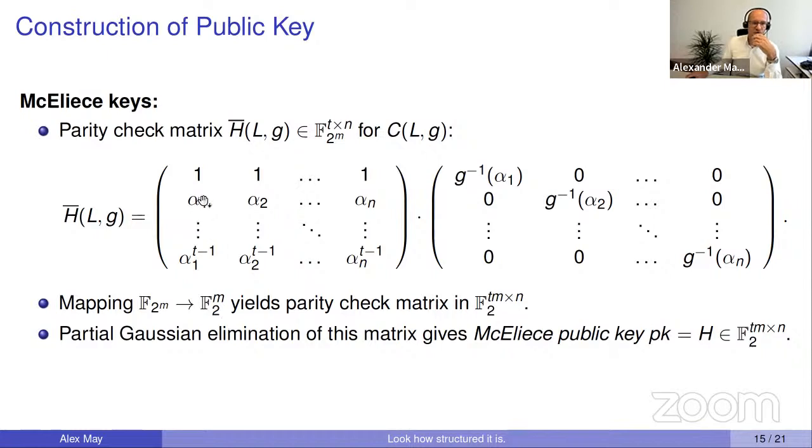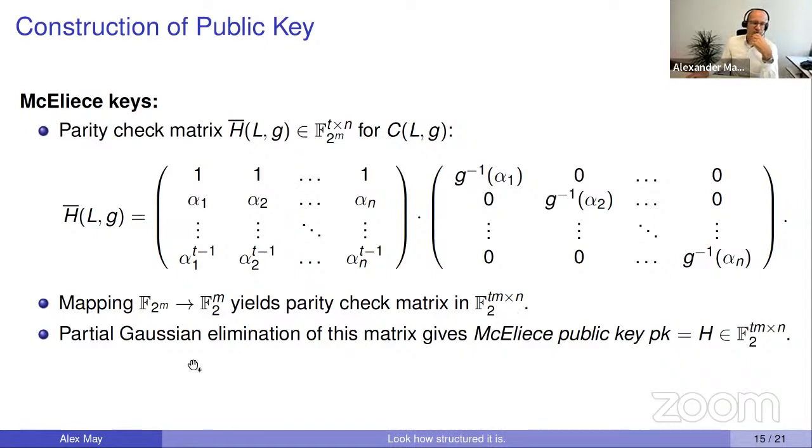That also means that every row gets expanded by a factor of m, so we actually get tm rows in this matrix. And this is our codimension n minus k that we had from before, so this fits. Now we are over the base field F_2, and that's our parity check matrix. It's not yet scrambled and still structured.